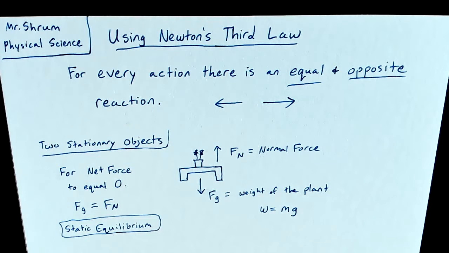So, for instance, if an object was standing still, that object wants to stay standing still. Or if an object is moving in a straight line at a constant speed, that object wants to continue moving at a constant speed in a straight line.